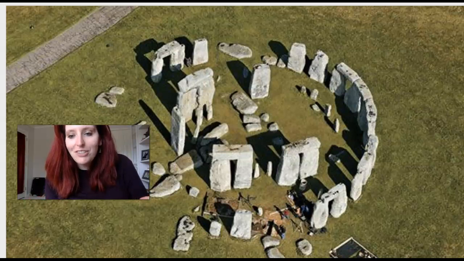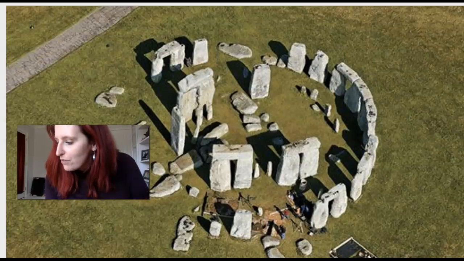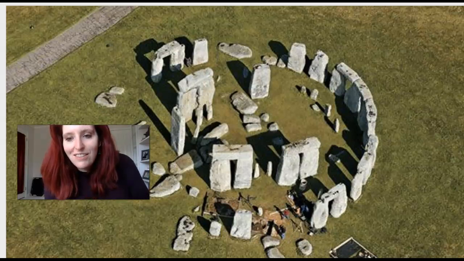And writers would say that, especially in The Wanderer, when we read The Wanderer for this week, he calls these kinds of monuments like Stonehenge the work of ancient giants.